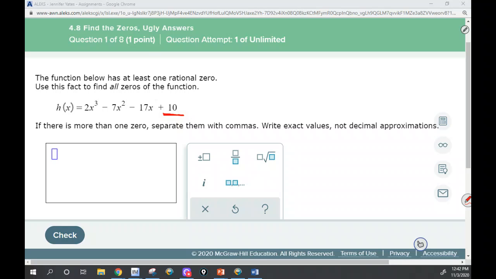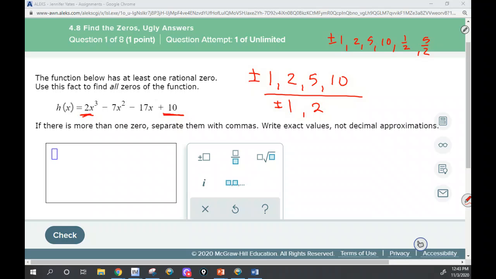Remember, we had to remember plus or minus, so it made it larger: plus or minus 1, 2, 5, and 10, divided by the divisors of our leading coefficient, 1 and 2. So that narrowed our possibilities down to 1, 2, 5, 10, and also 1/2 and 5/2.